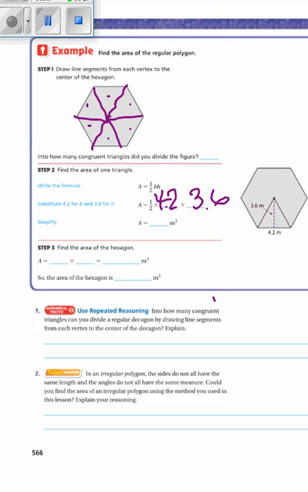I will probably have some people stop there and think that they are finished, but you are not. You still have one more part of the formula to go, so you're going to go ahead and plug in. It's area equals 1/2 times base times height.